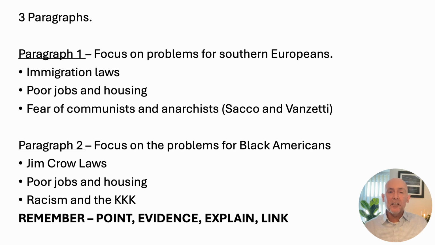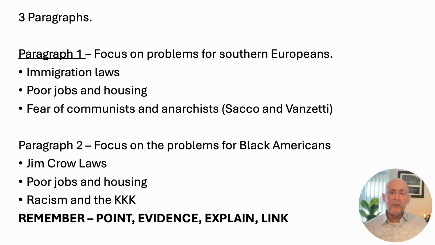Our perfect example to support this point is the case of Sacco and Vanzetti, the 2 Italians who were arrested, tried and then finally executed for a murder. It's still debated whether one of them committed the actual murder, but what isn't up for debate is that the way they faced American justice wasn't fair, and it was biased against them for the simple fact they were seen as being Italian anarchists. So that's your first paragraph.